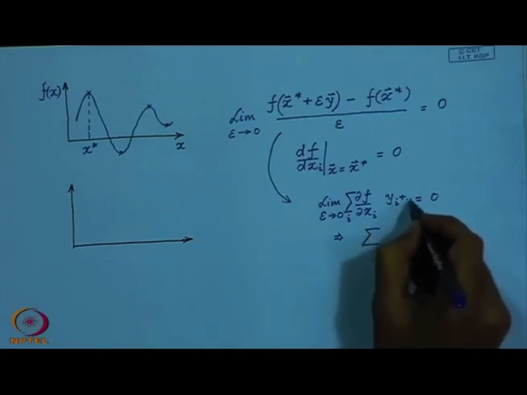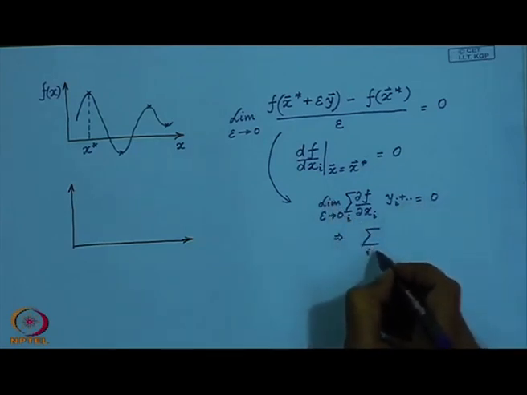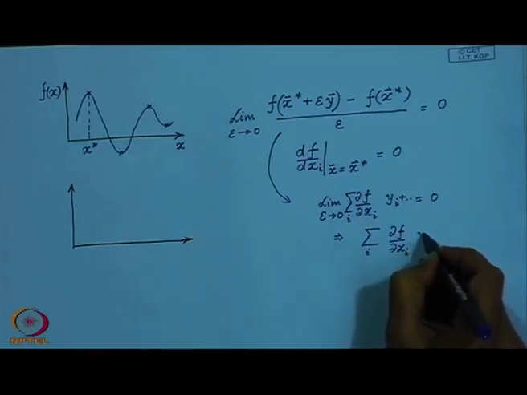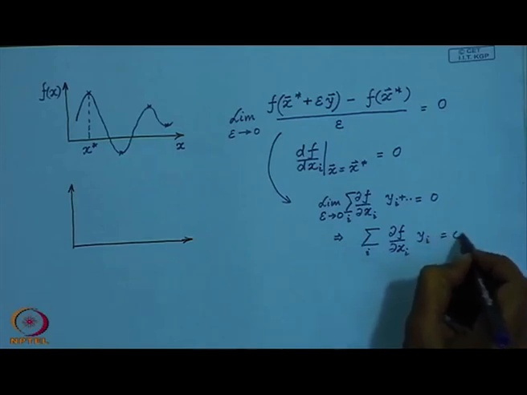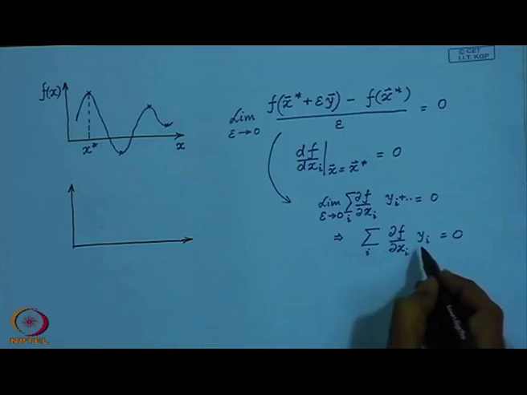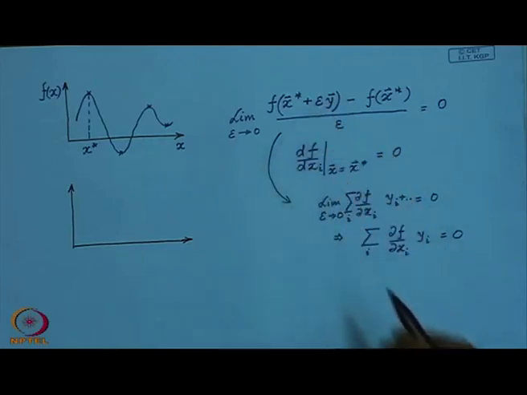Finally, those terms will have epsilon, so when you take this limit they will vanish. So, this is what we will get, and now as I said that this should vanish for arbitrary perturbations y.